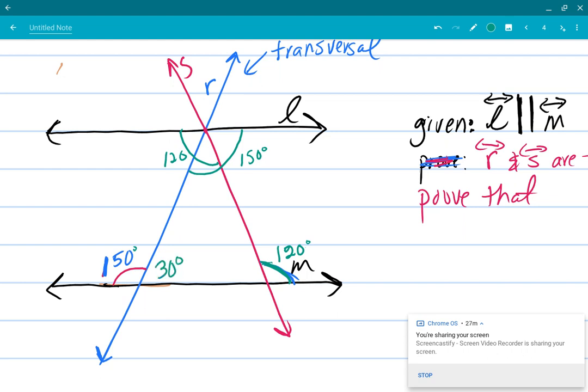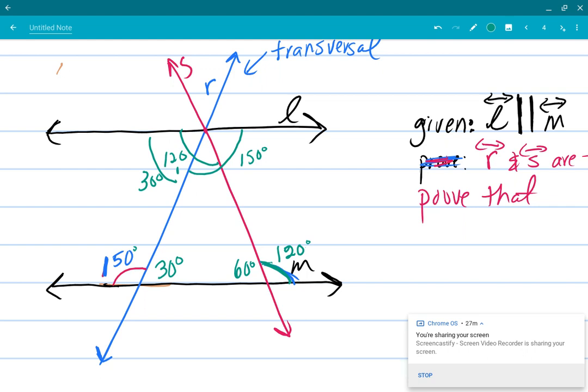I see the big one. And what's this going to be? 30 and then 60. So what's the missing angle? Oh, by the way, this will be 30 degrees too for this section right here.